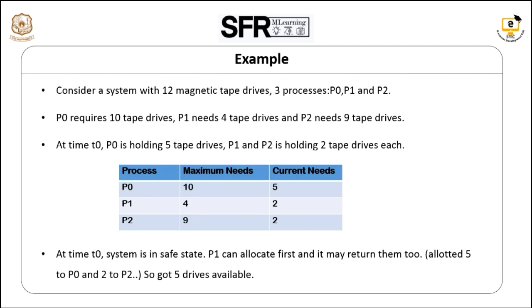Suppose at time T1, process P2 requests one more drive. Now, after P1 finishes its execution, there are only 4 drives available, which is not enough to run P0, so it has to wait. Similarly, P2 also waits for 6 drives. Thus, deadlock may occur.